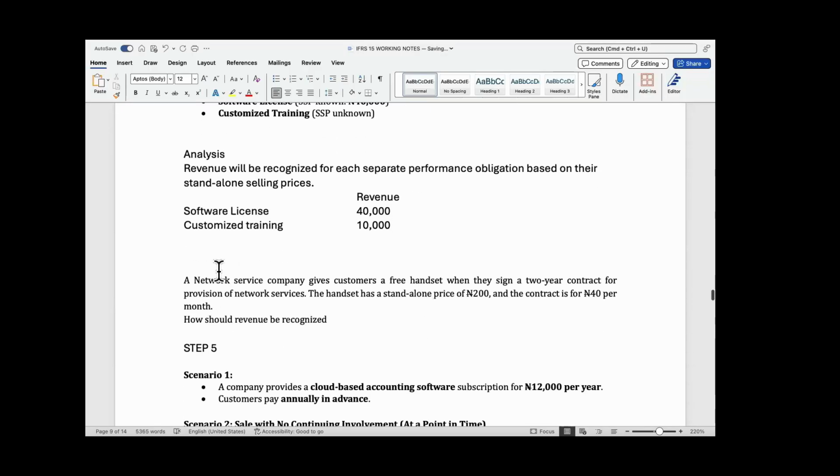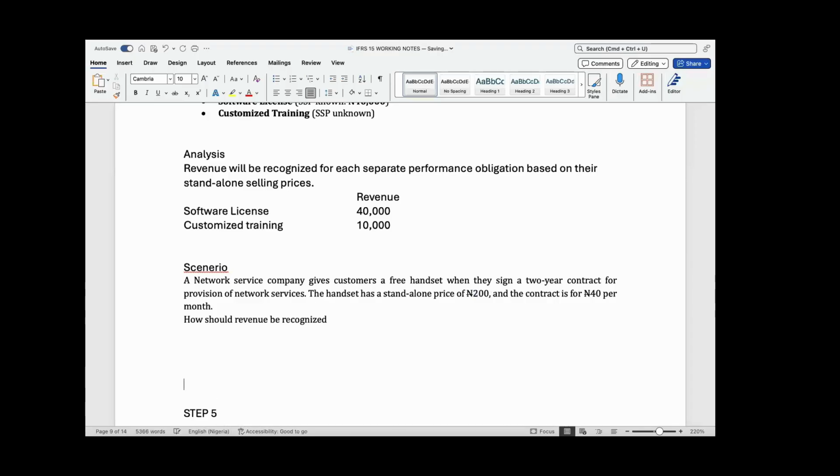If you look at another scenario, this one talks about a network service company. They give customers free handsets when they sign a 2-year contract for network service. The handset standalone selling price is 200 naira, and the contract is for 40 naira per month. Then how should we recognize revenue here?